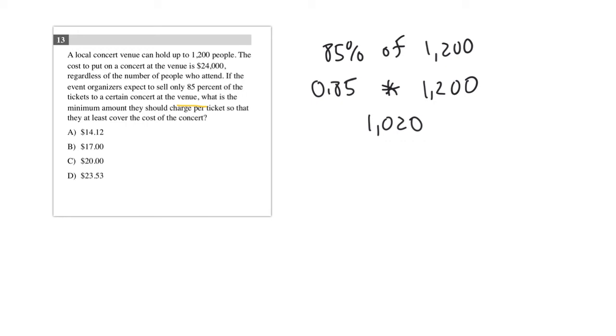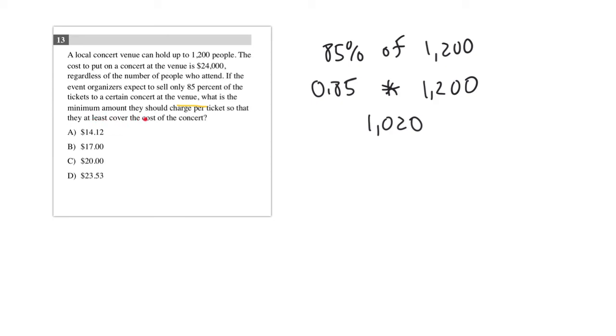And they want to sell this amount of tickets for a certain cost per ticket so that they could at least cover the cost of the concert, and the cost of the concert is $24,000. Okay, so let's just think about it.